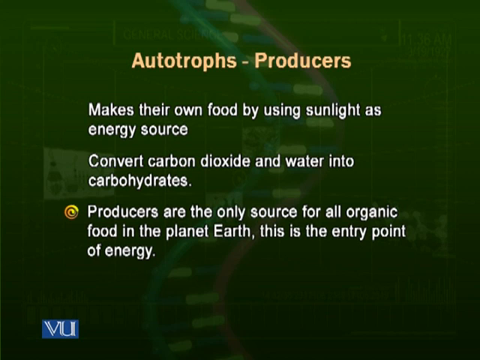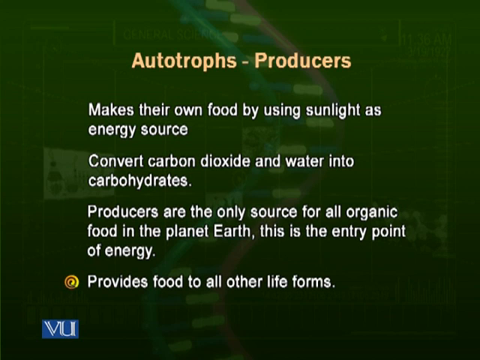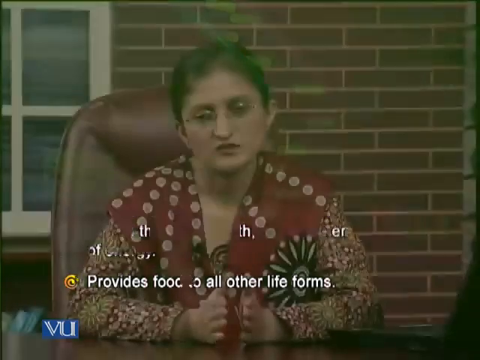We also call them the entry point of energy in an ecosystem. They provide food to all other organisms, to all life forms. Examples of the autotrophs, the producers, include the plants, algae, photosynthetic protista, photosynthetic bacteria.